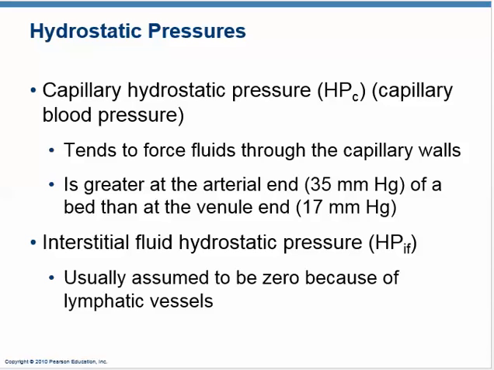Now, there is a hydrostatic pressure of the interstitial fluid, and that's caused by massage or wearing support hose, or anything that compresses the interstitial space will cause that interstitial fluid hydrostatic pressure to go up. In normal tissue, the interstitial hydrostatic pressure is 0.